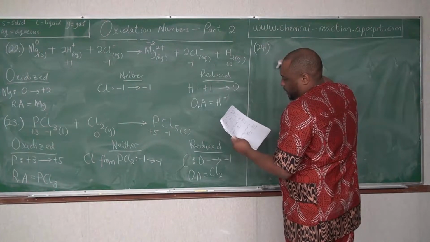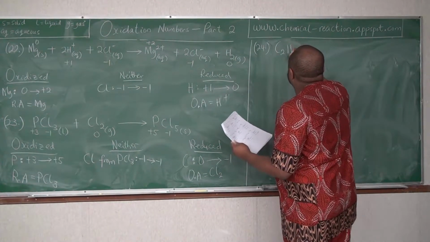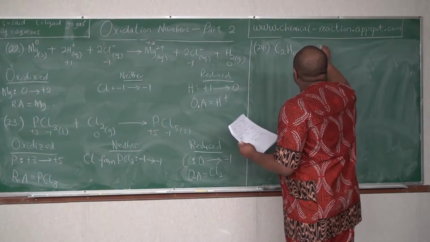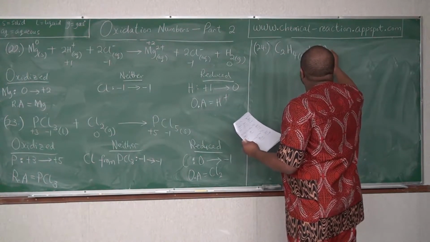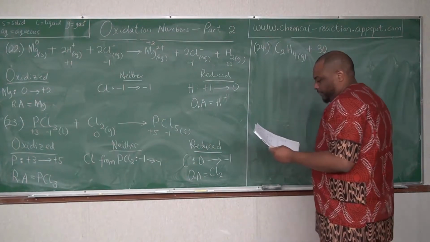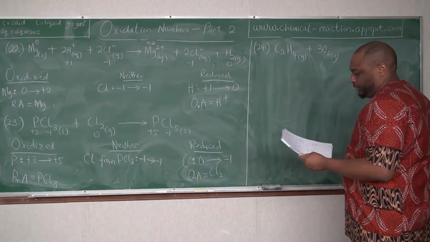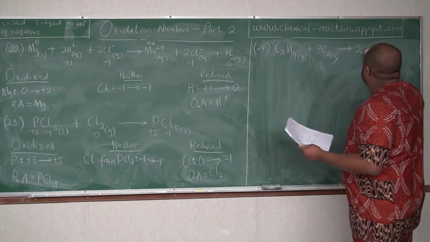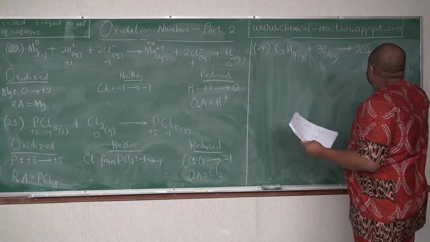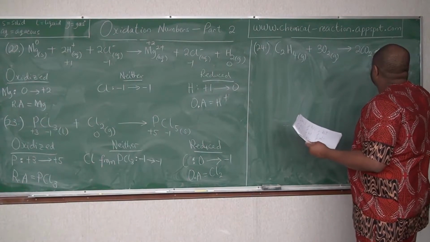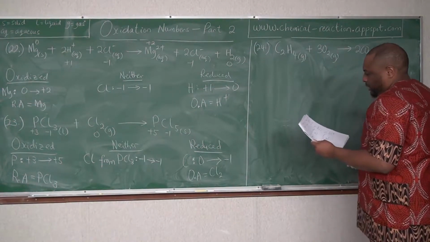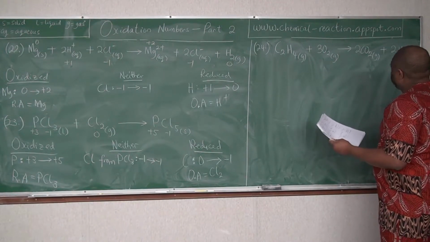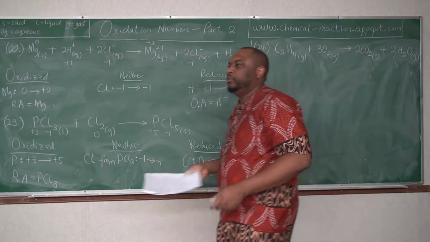short ones. This is ethane gas, combustion of ethane. 1 mole of ethane gas reacts with 3 moles of oxygen to give us 2 moles of carbon(IV) oxide plus 2 moles of steam, water vapor.